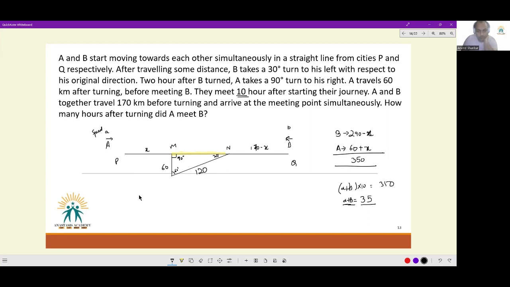Sum of the speeds is 35. I can also go ahead and write this down, before turning and after turning. Before turning, consideration of time.